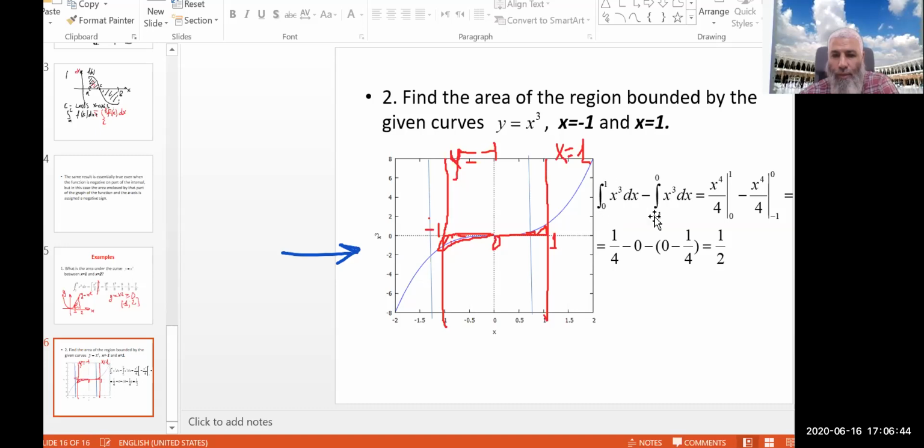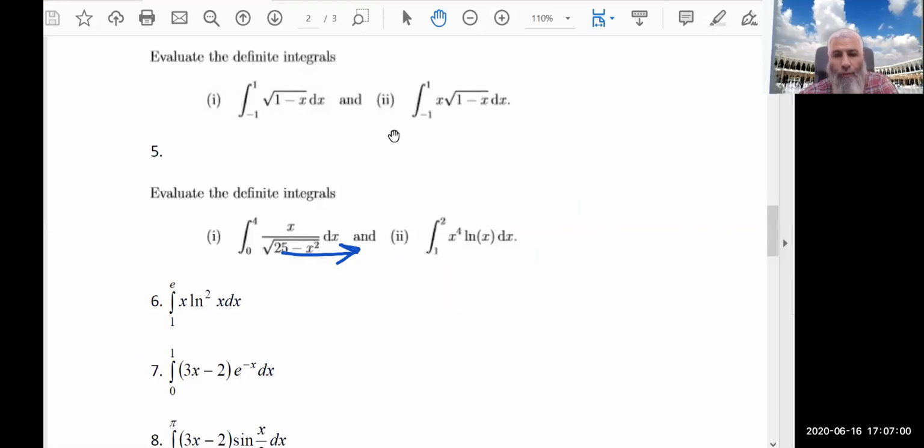From 0 to 1 minus from -1 to 0, because from -1 to 0 the curve is under the x-axis. So in our example here, we need to find how the curve is going between -1 and 1. But he is not asking about area. He's asking about integration, just the integration.